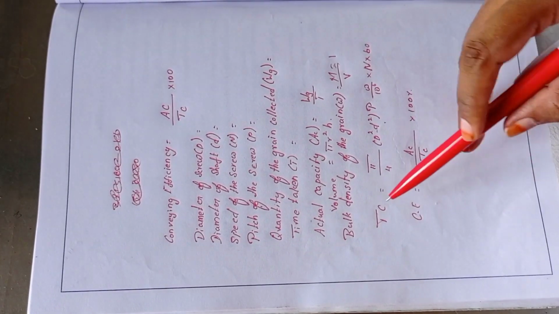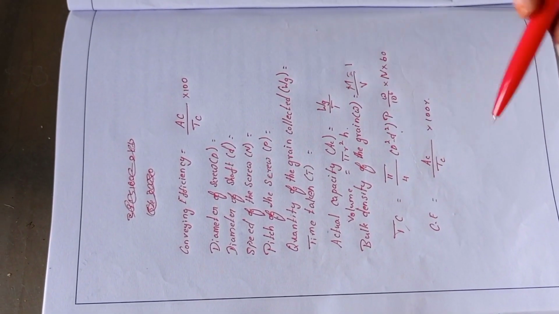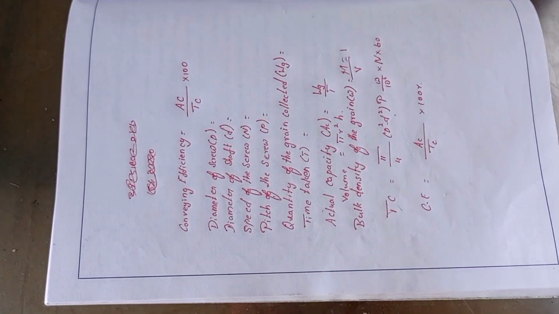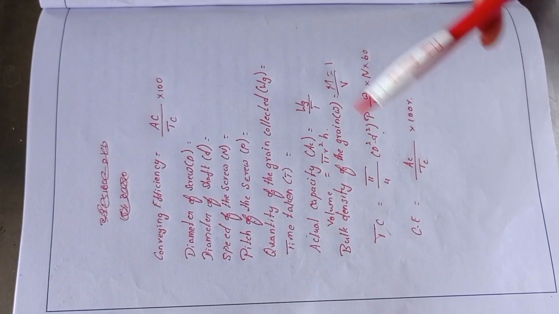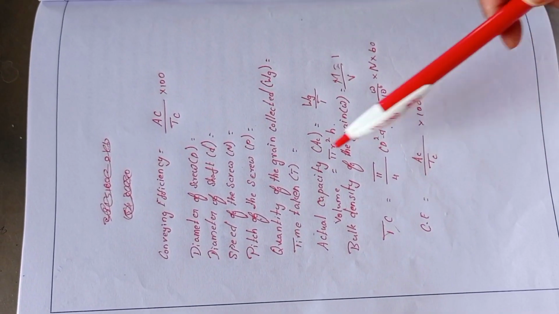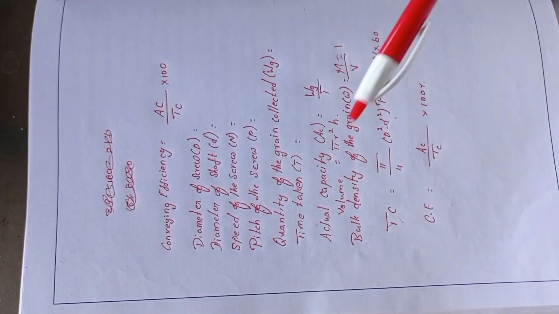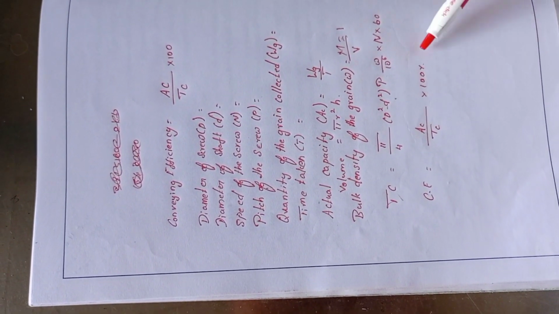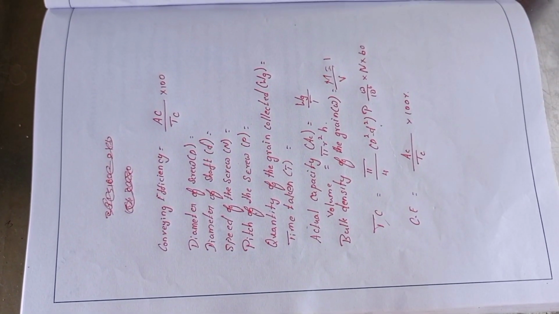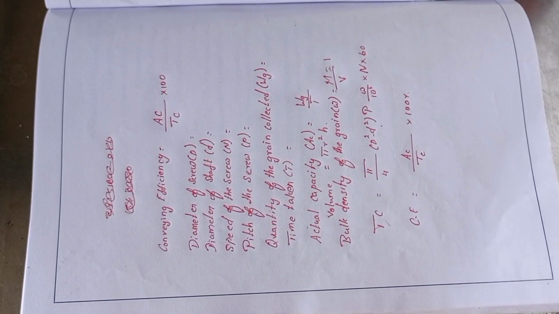From this we can identify the theoretical capacity of the screw conveyor. As we already found the actual capacity of the conveyor, we can find the conveying efficiency by using the formula actual capacity divided by theoretical capacity into 100, which gives a percentage.